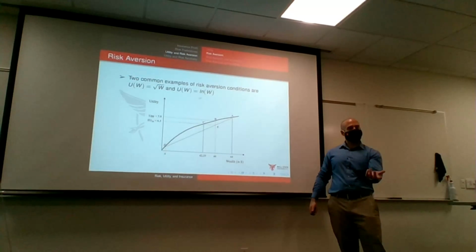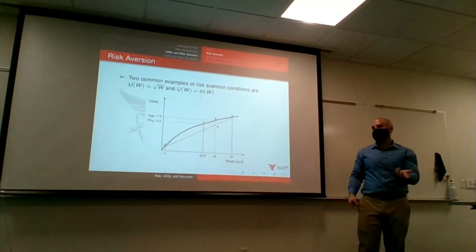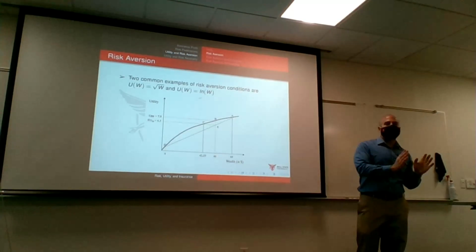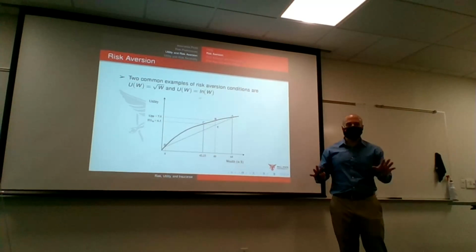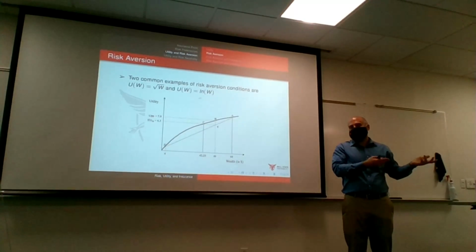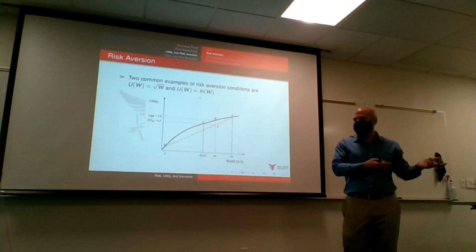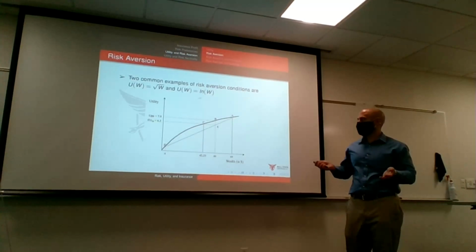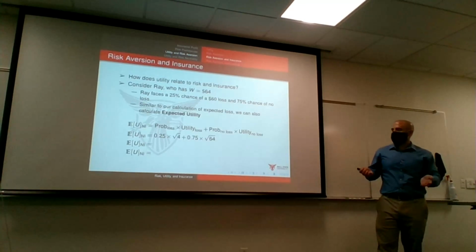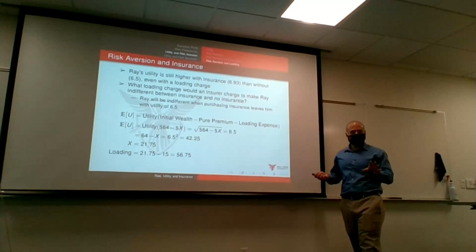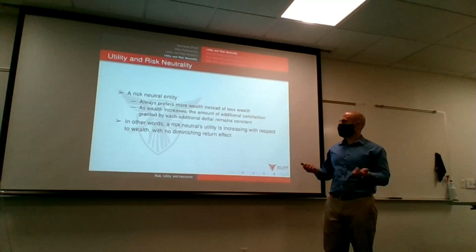The worksheet that I'll give you and what you'll see on the exam, we'll be running through what's their expected utility without insurance, what would the pure premium, in other words, the expected loss, what would that be? And then what's the maximum amount that they would be willing to pay on top of that pure premium? All right, so that's risk aversion, and that helps explain why individuals will purchase insurance.